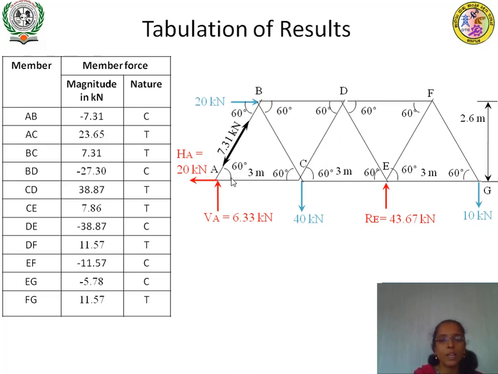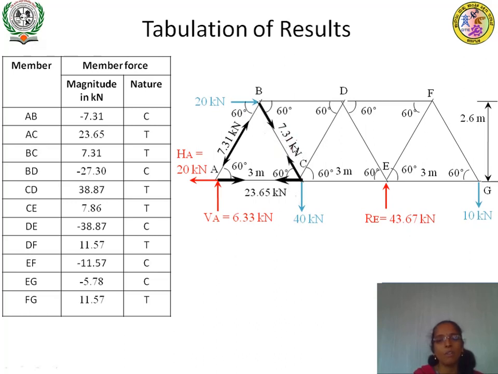Tensile means arrow marks at A and C should be away from the joint, that means these joints are under tension. Then you have to write the magnitude 23.65. Next BC, a tensile force of 7.31, same thing, arrow marks should be away from the joints.